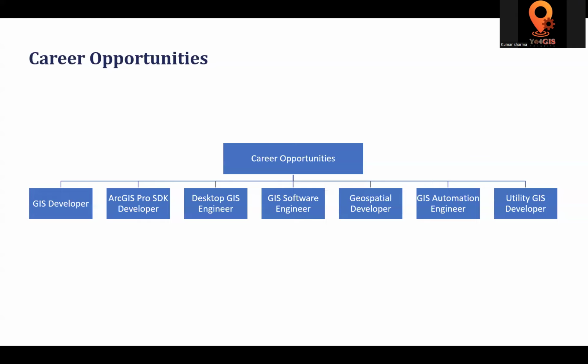We can apply for all these positions like GIS developer, ArcGIS Pro SDK developer, desktop GIS engineer, GIS software engineer, geospatial developer, GIS automation, and utility GIS developer. As you already know, these days the ESRI utility network model is very common.